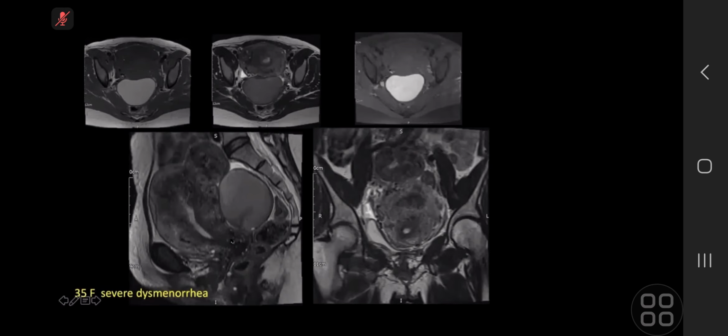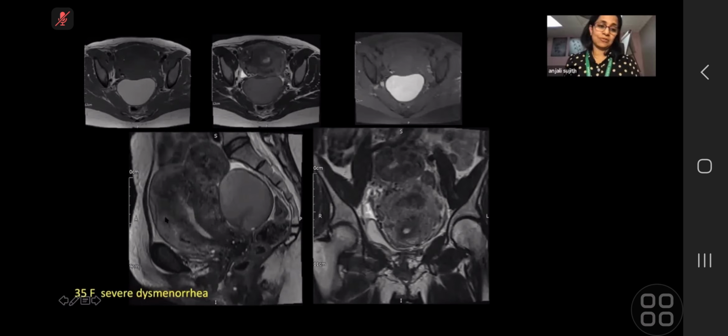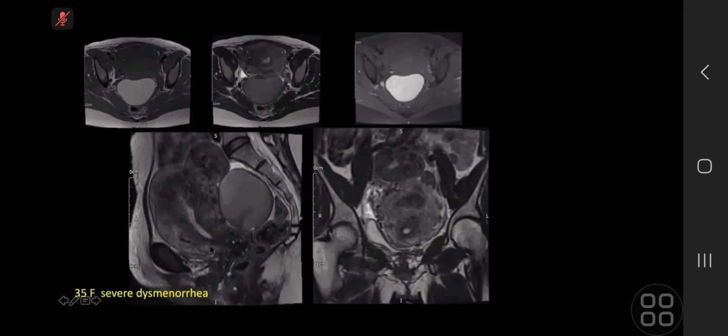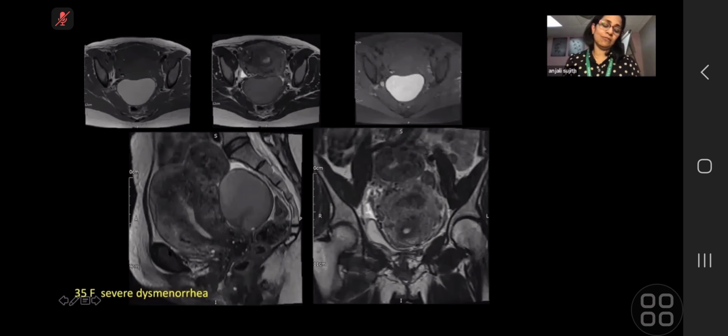When you describe the uterus, you did say uterus is bulky. So what's happening to the junctional zone? There's a widening of the junctional zone. I cannot see the classic T2 high signal suggestive of adenomyosis, but widening of the junctional zone would suggest adenomyosis. So there is diffuse widening of the junctional zone. This is adenomyosis.